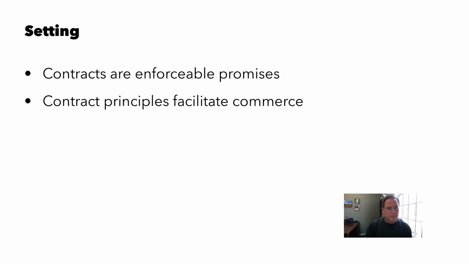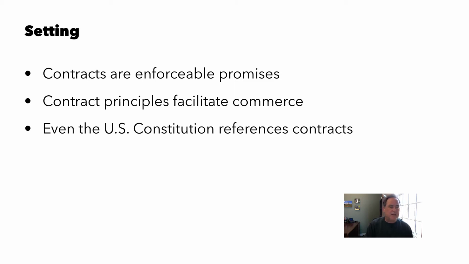Now, contract principles facilitate commerce. Our whole economic system, our social system as well, is built on a foundation of contracts. Contracts are so important that even the United States Constitution references contracts.